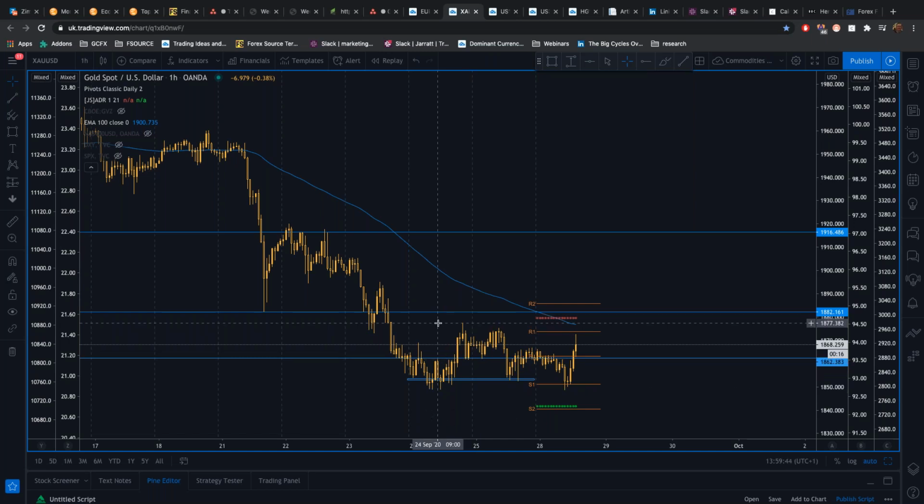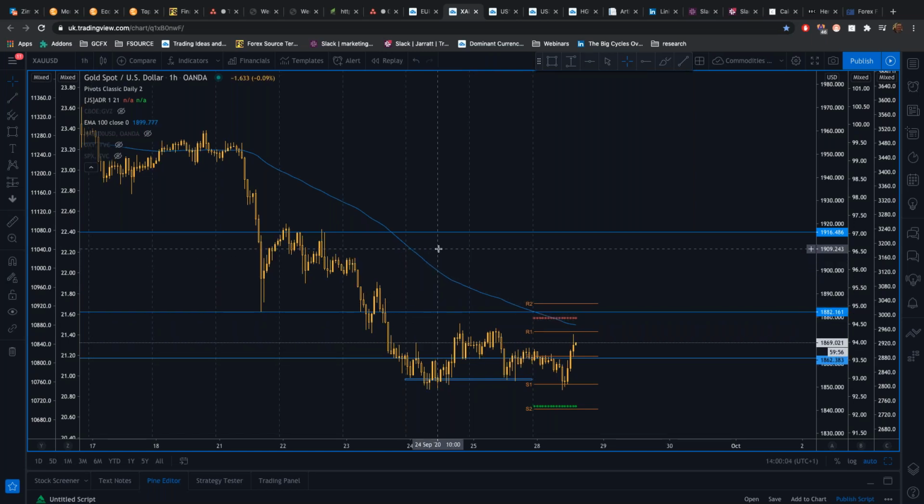So that's about 29. You can look for a $29 rise from here. Yeah, so a rise up to this sort of 1908 level.